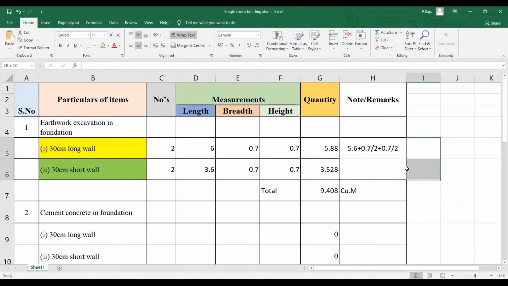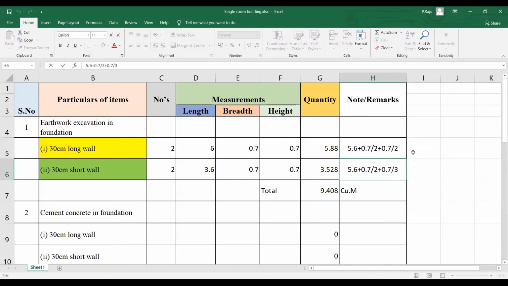And similarly here you can write 4.3 minus 0.7 by 2 minus 0.7 by 2.